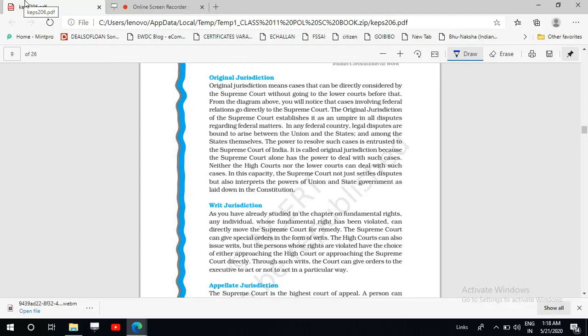Because the CAA grants Indian citizenship to persecuted non-Muslim minorities, not the Muslim minorities, only to the non-Muslim minorities who are persecuted in countries like Afghanistan, Pakistan, Bangladesh, which are the neighboring countries of India.